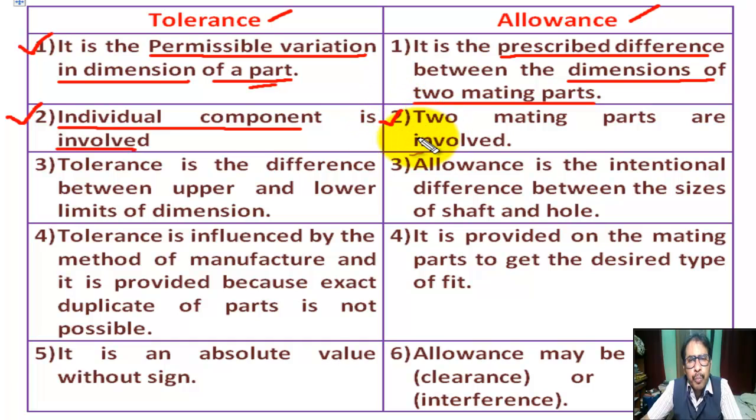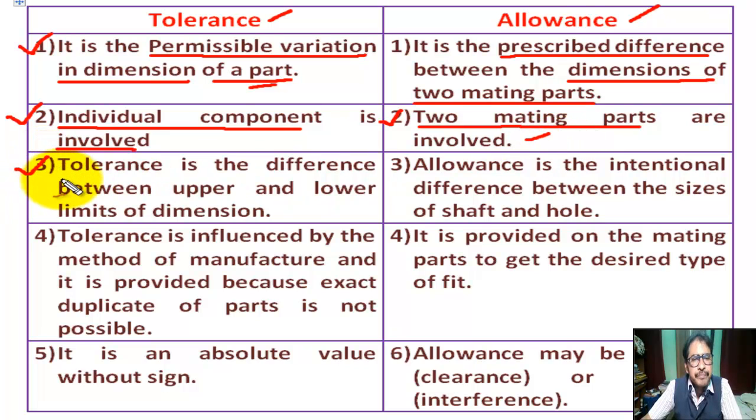Number 2, for allowance, here two mating parts are involved. Allowance is between two mating parts, shaft and hole.